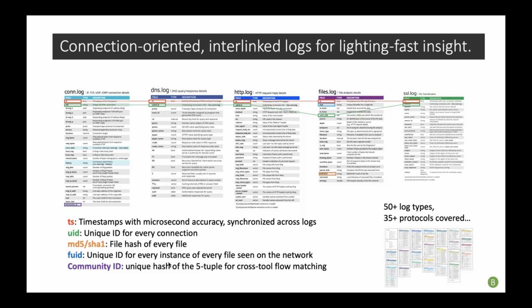So you're not guessing based on timestamps or other events. You're able to directly connect the flow log from an alert into the Zeek logs, or even into a Moloch PCAP if you need it. So this concept of connectivity, whether it's across protocols or across tools, is really powerful.